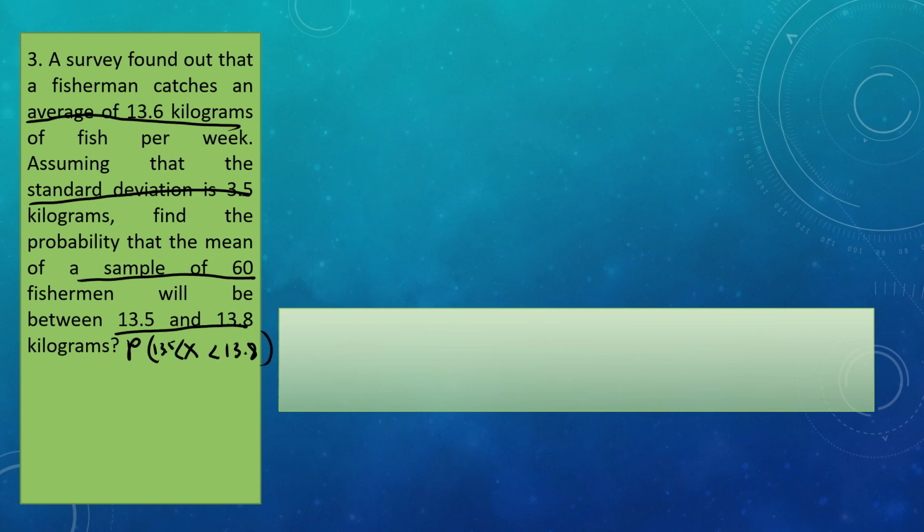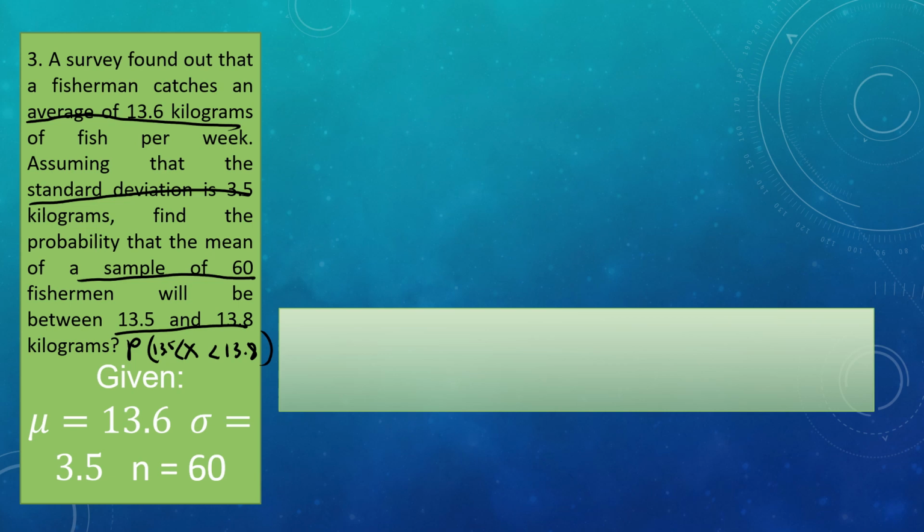Okay, so let's now write the givens. Mu equals 13.6 because we're dealing with the average. Sigma is equal to 3.5 because we're dealing with the standard deviation, and n is equal to 60. Why do we use the small letter n? Because we're dealing with the sample.